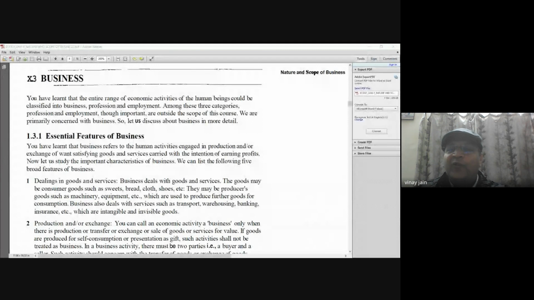And there is no patient, because maybe you are new to that profession, and in the initial stage you might suffer loss. So in a profession also you may suffer loss. But if you are simply an employee, it is definite that while you are working, at the end of the month you'll get your salary. Are you getting my point?